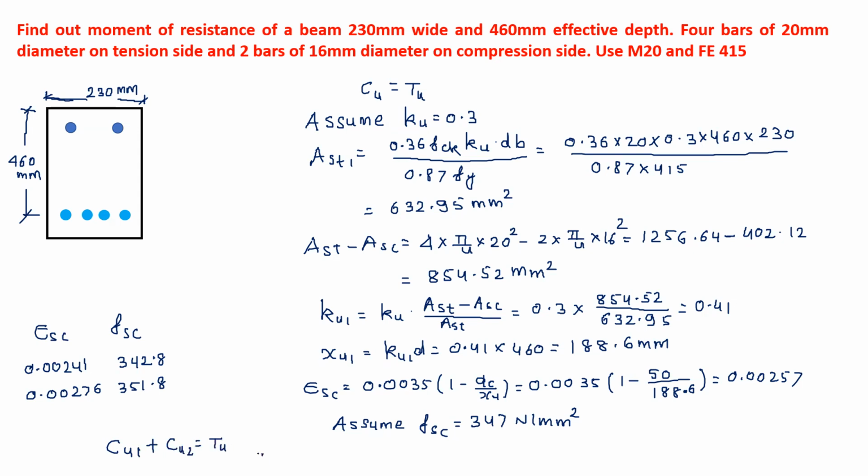Now Cu1 is 0.36 fck xu into B, plus Cu2, which is due to compression steel, fsc into Asc, and that is equal to 0.87 fy Ast. Now we will put in the values. So we have 0.36 into 20, so 0.36 fck, xu we have to find, into B, which is 230.